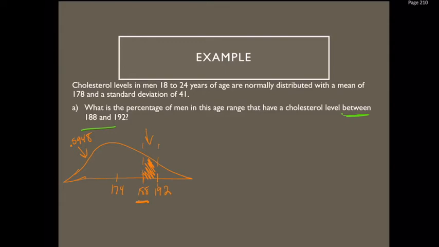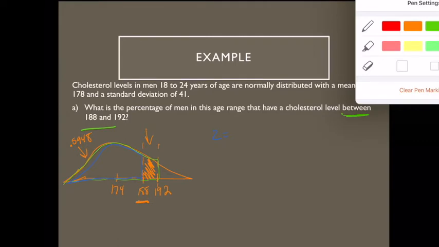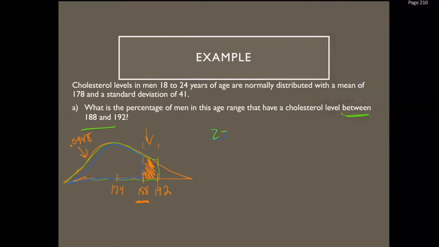But I just want to know the area in here. So what I'm going to do is find the area for this entire part, which would be the z-table value for 192, and then I'm going to subtract from that the value for 188 in order to get our final answer. So let's find the z-table value for 192. So z equals, let's do this in green, shall we? Z equals my value minus my mean over standard deviation.